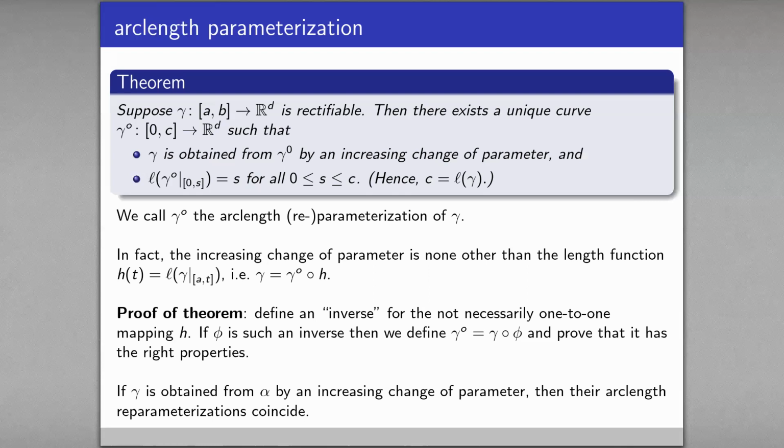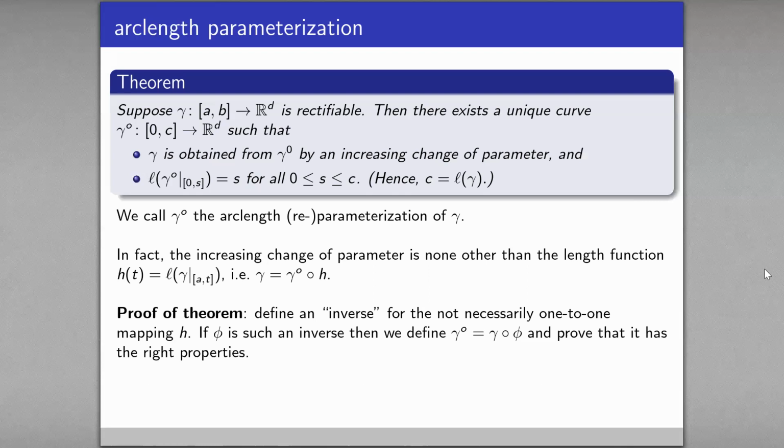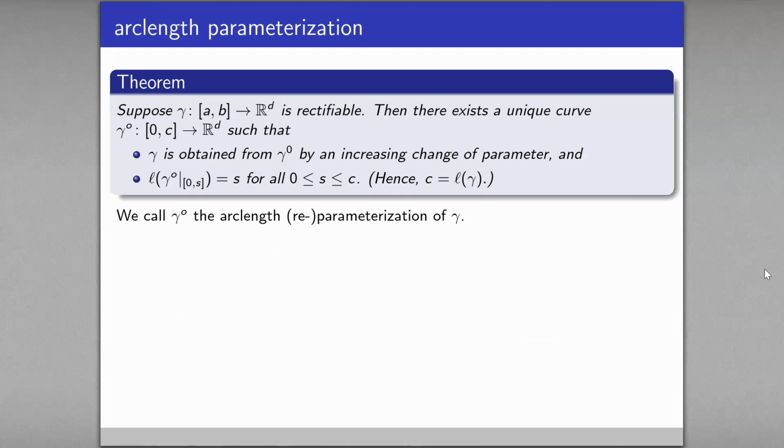Okay, about the picture I gave you. Let me clean up some space to draw it. So we're talking about h. So h of t is length of gamma from a to t. So we've previously seen that h is increasing. So at a, it's 0.